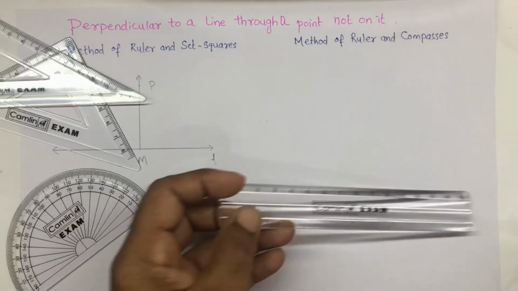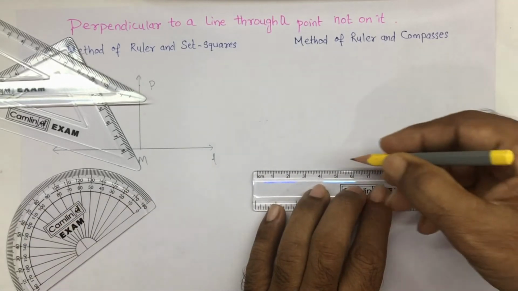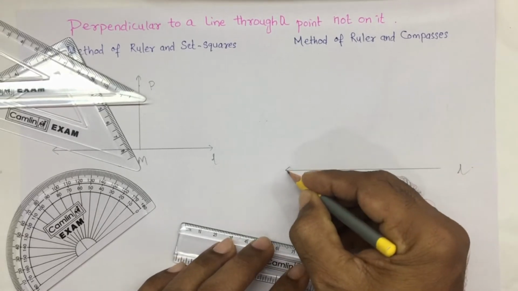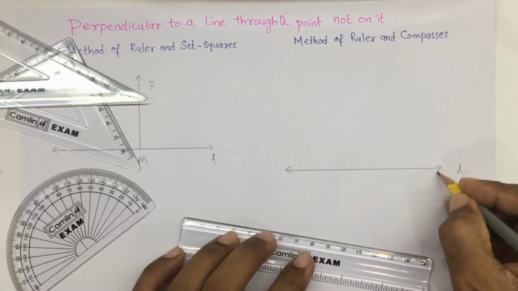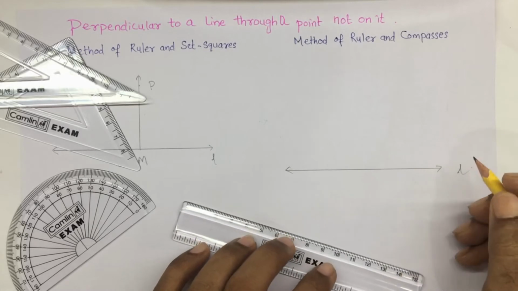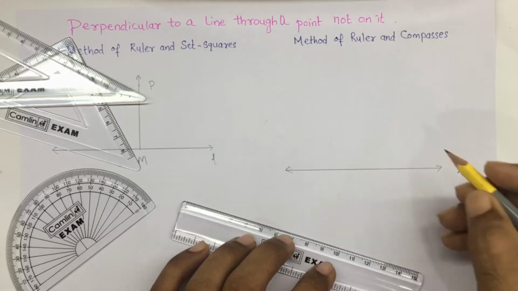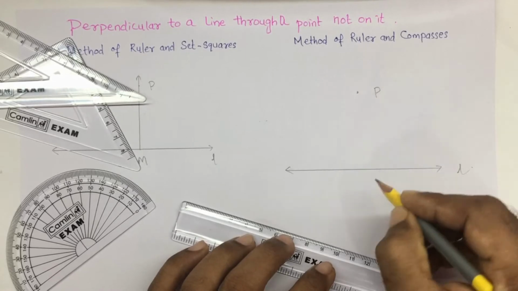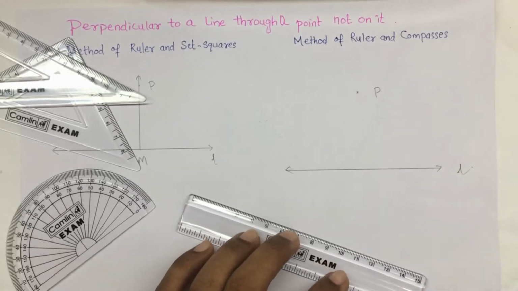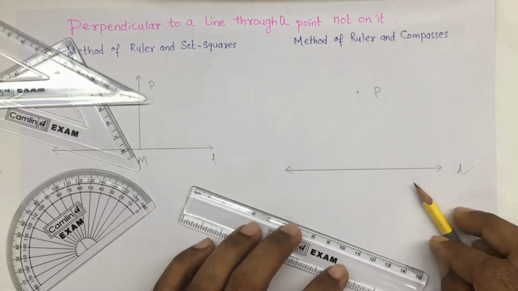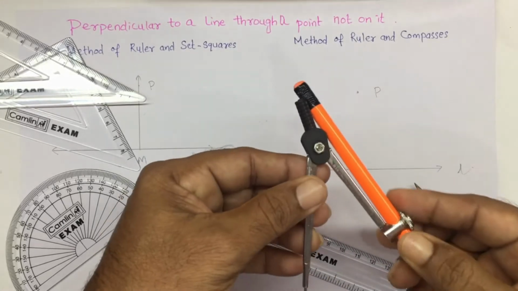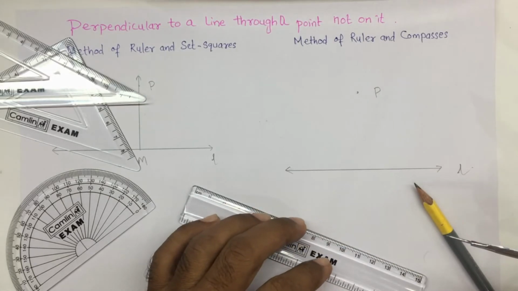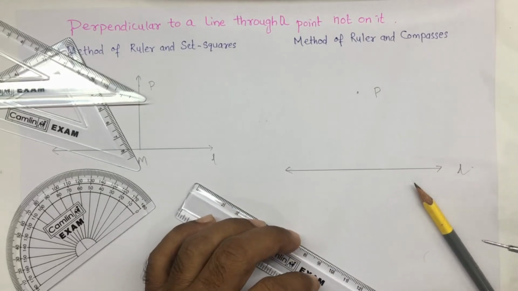For that, let us have a straight line, a line L given here, and we have a point P here, which is not on this line. So, what we need to do here is use the compasses.